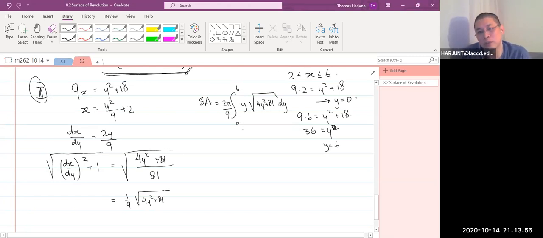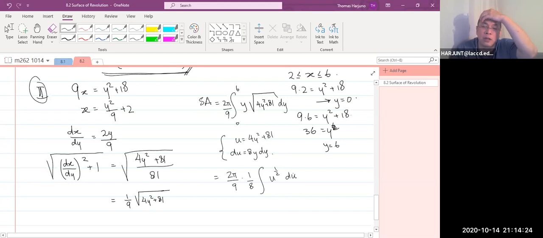I will do substitution. u equals 4y squared plus 81. So du is 8y dy. This is 2 pi over 9 times 1/8 integral of u to the power of 1/2 du.